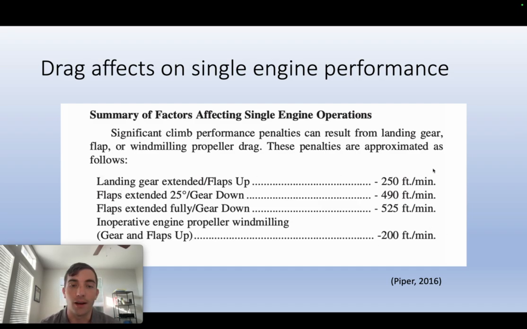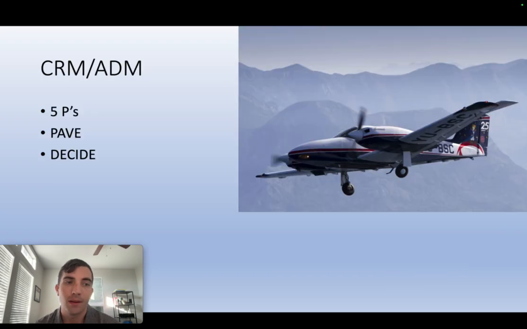And if the landing gear is extended, we're going to lose 250, so we're going to begin to sink there. And then you can see if we have our flaps out, that's a massive drag penalty for us. So in certain circumstances, we're not going to be able to maintain altitude. And that's why we put the airplane in that configuration we just discussed in the drill.